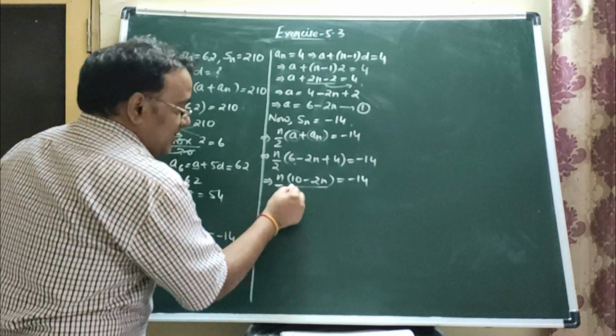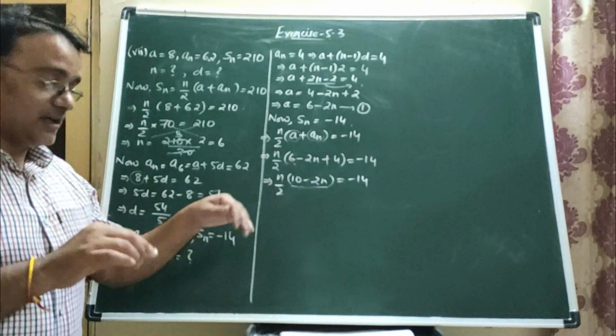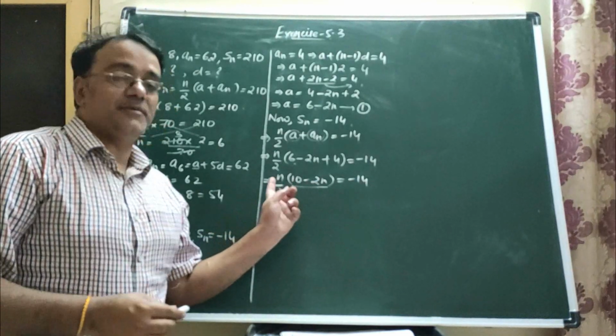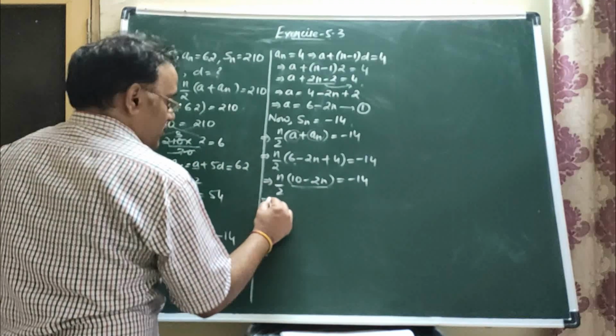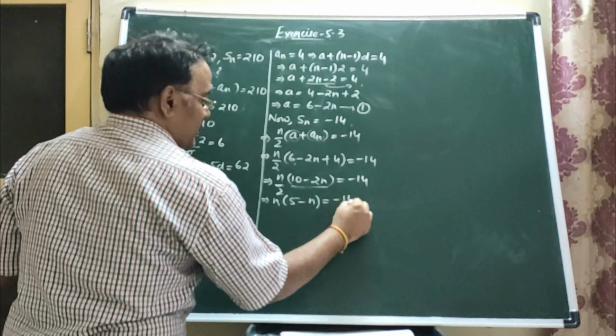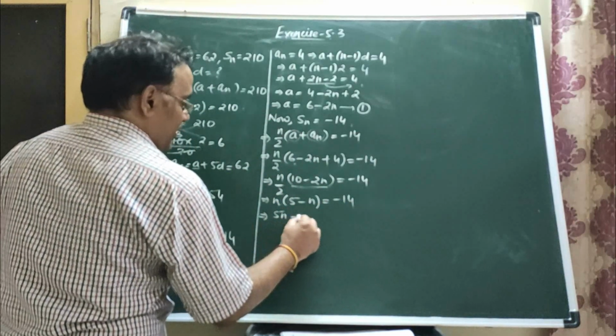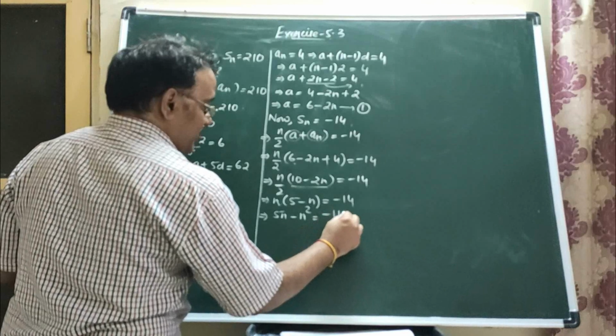Now see again, इसमें से 2 कॉमन ले सकते हैं हम, कॉमन लेके इस 2 से कैंसिल कर लेंगे. Otherwise, divide both the terms by 2. So what we will get? n into (5 minus n) is equals to minus 14. Okay? Now open the bracket. 5n minus n square is equals to minus 14.